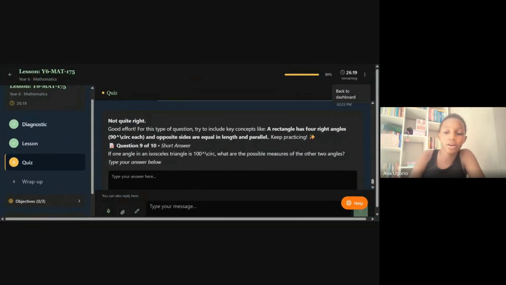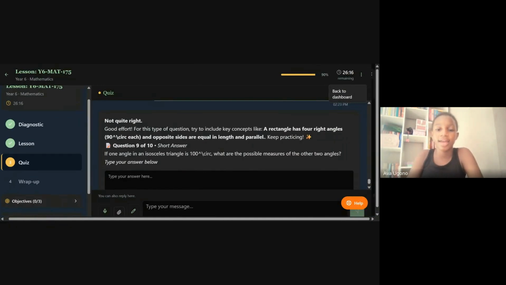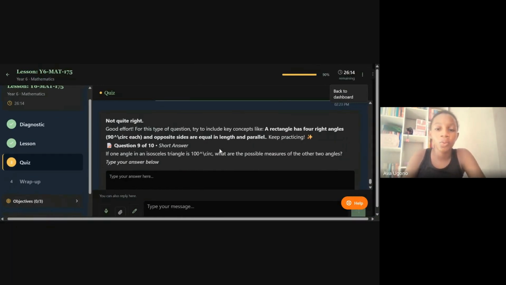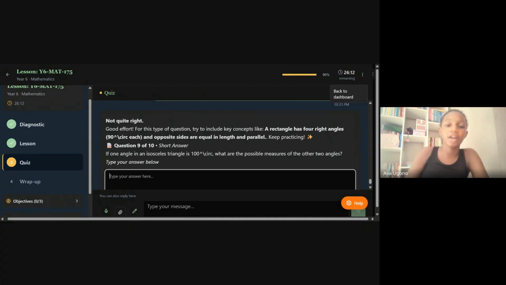Now, if one angle in an isosceles triangle is 100 degrees, what are the possible measures for the other two angles?